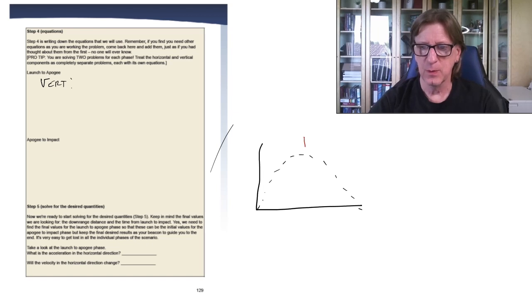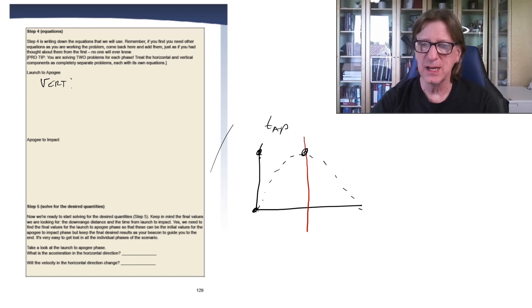And then we're going to break it here at apogee, or as close to apogee as I can draw. All right, so for my vertical side, our plan was to find t, the time to apogee. And we were going to find that using the vertical side. So I want to know the time to get from here to here, or thinking of it equivalently on the vertical side, I'm just going from here to here, if that were actually up at the same height, of course, like that.